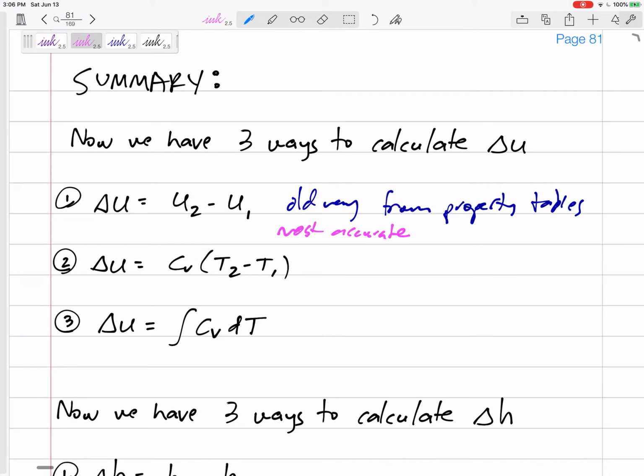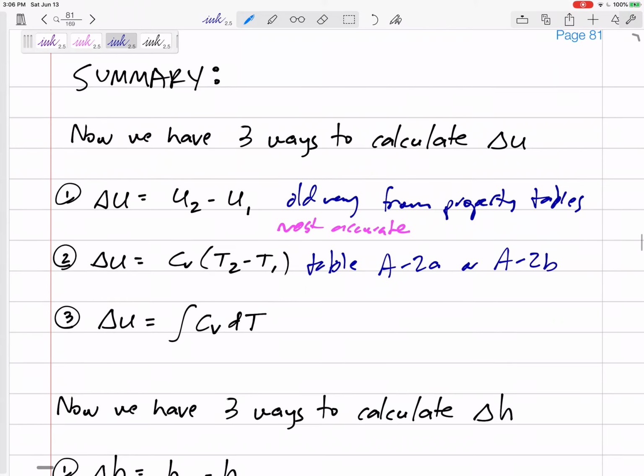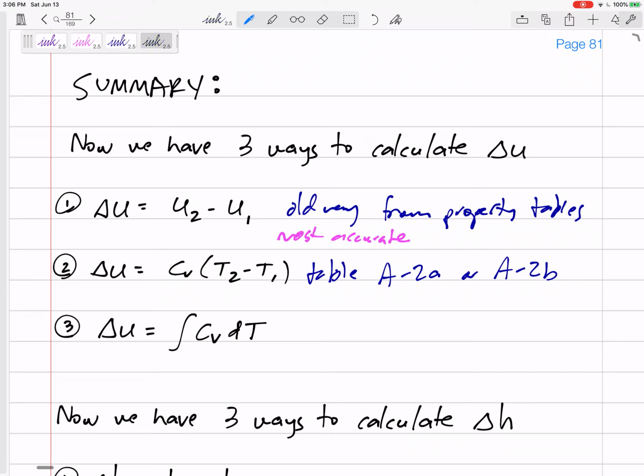What might be quicker is to do Cv delta T from table A2A or A2B. This is the least accurate.